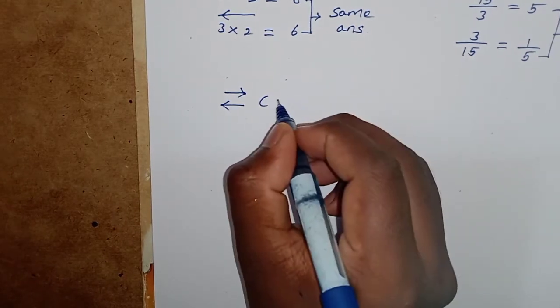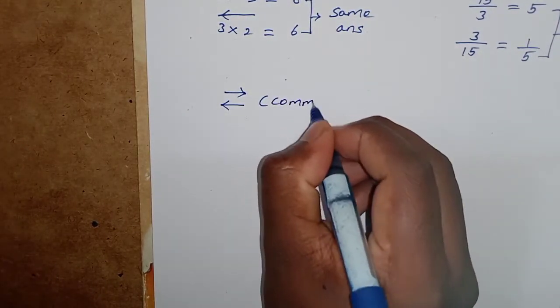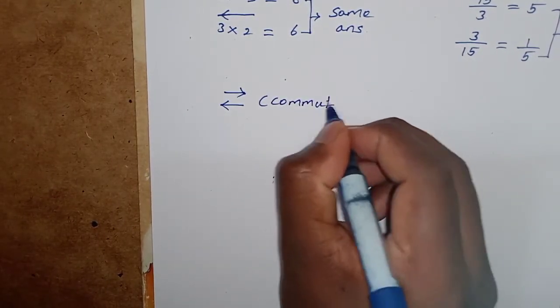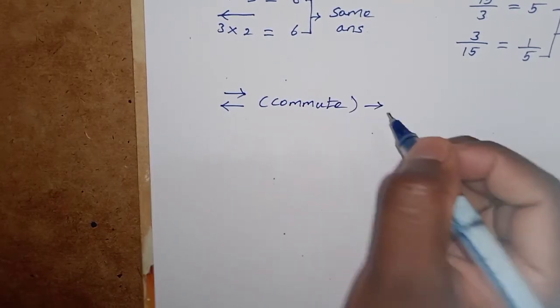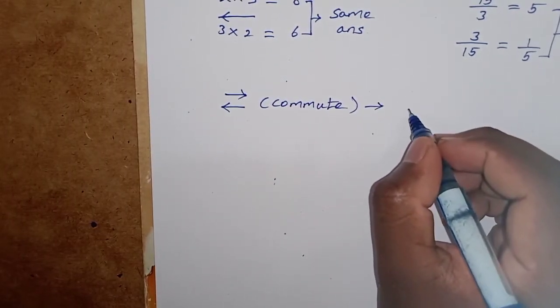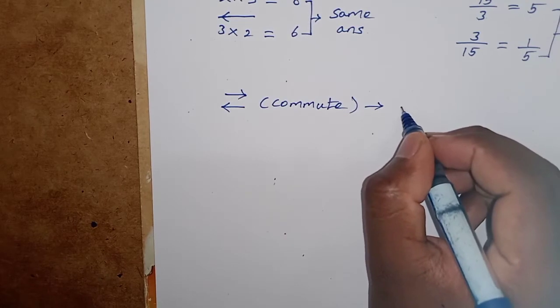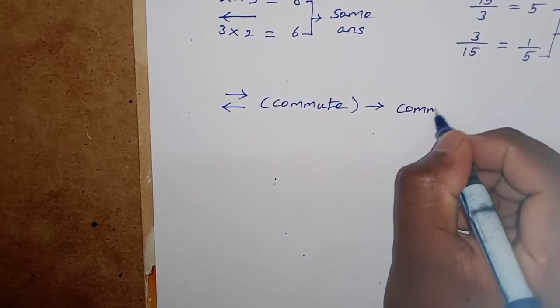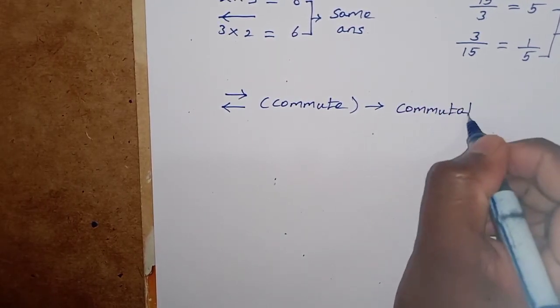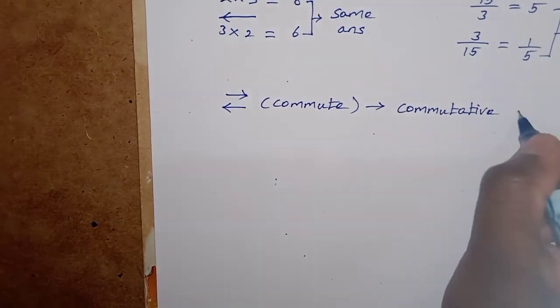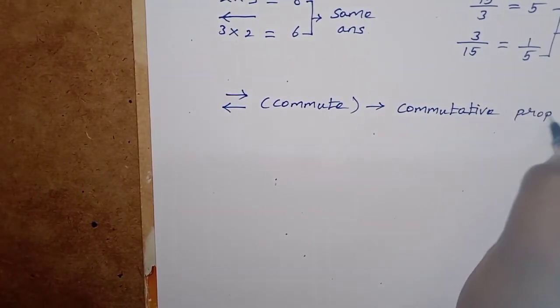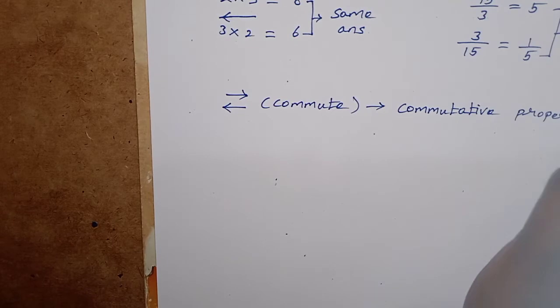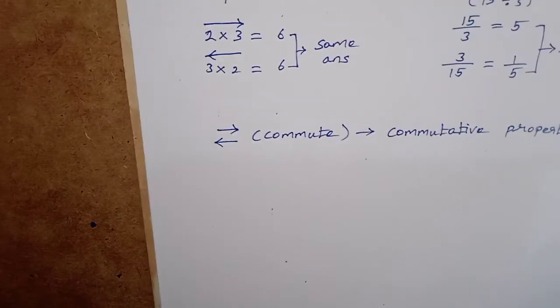Therefore here it is computed. So only for addition and multiplication we have the commutative property. This is how the commutative property exists.